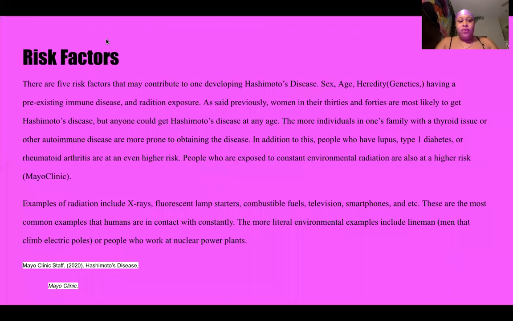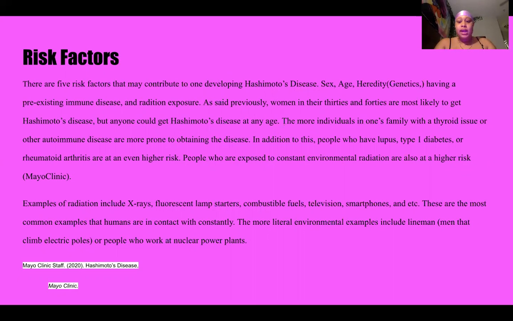In addition to that, we have the risk factors. As I said before, sex and age are the main ones we know of, because it is hereditary. The other two are a family history with the disease, or a pre-existing immune disease.